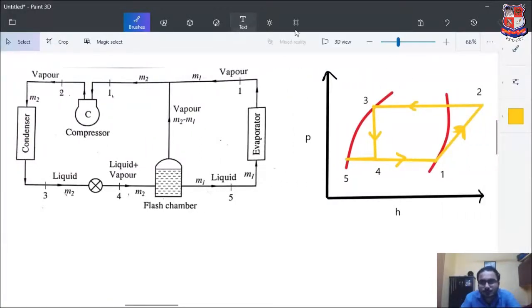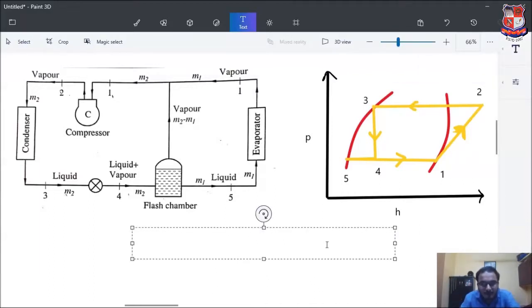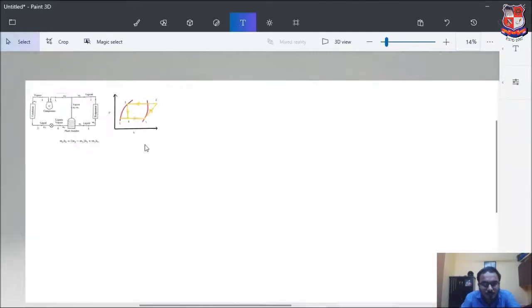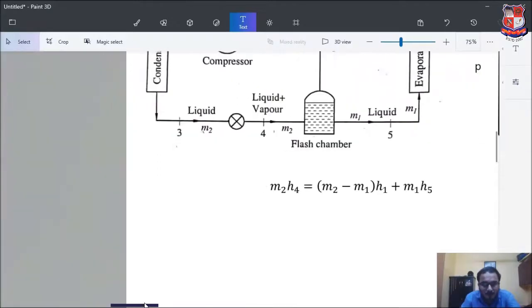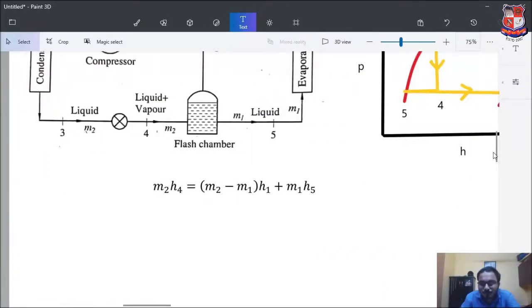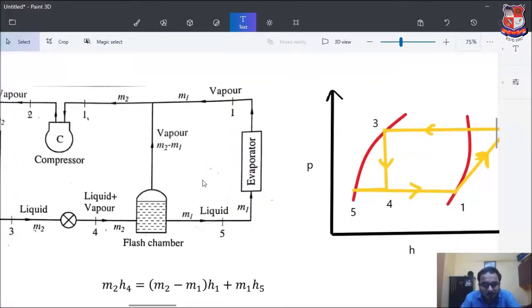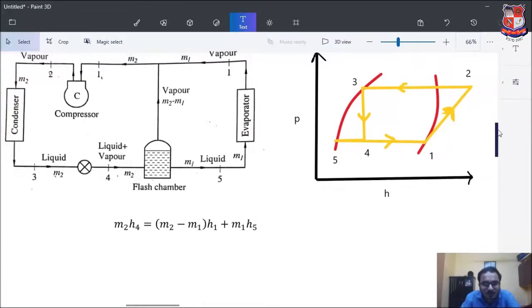If you see, the energy balance at flash chamber is given by this formula.